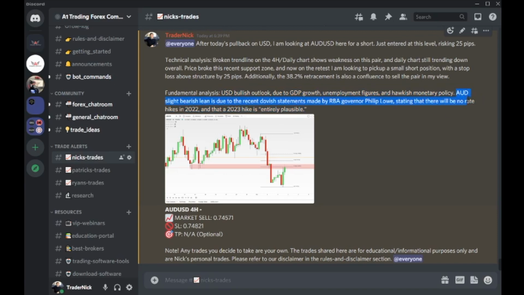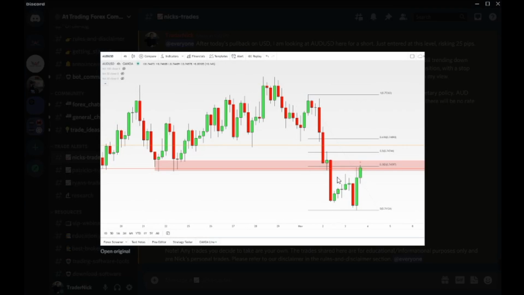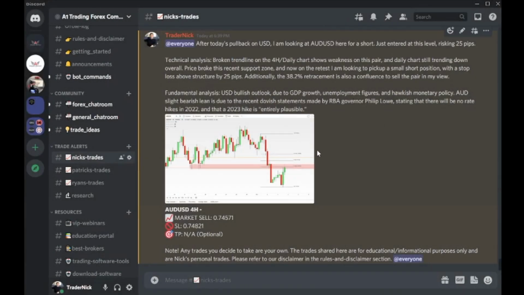And from an AUD perspective, there were some dovish statements recently made by their RBA governor. So of course I am a little bit hesitant to be super bullish on the Aussie. That's actually why we saw that big decline. And now the retracement is something that I'm interested in getting in on, especially with the statement that there will be no rate hikes in 2022 and that a 2023 hike is entirely plausible.